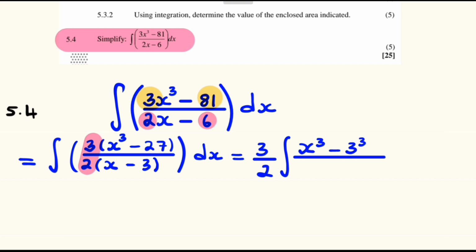If you are able to factorize a cubic expression, I will encourage you to factorize the x cubed minus 3 raised to the power 3. But if you cannot factorize like me, let's use the long division method. So we write the 3 raised to the power 3 as 27. In the denominator, we have the x minus 3.